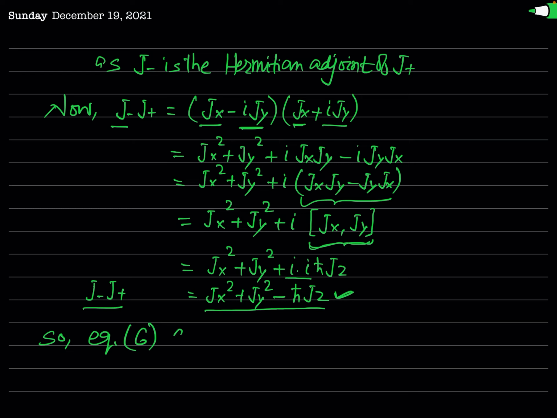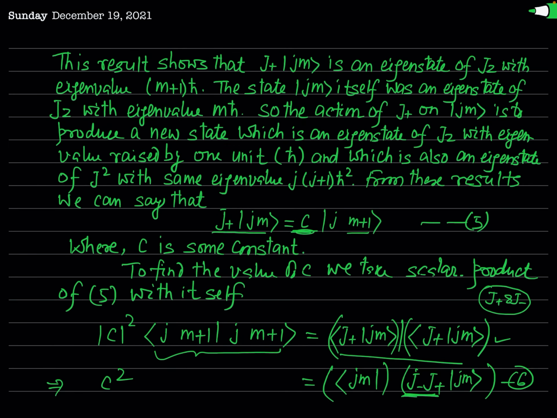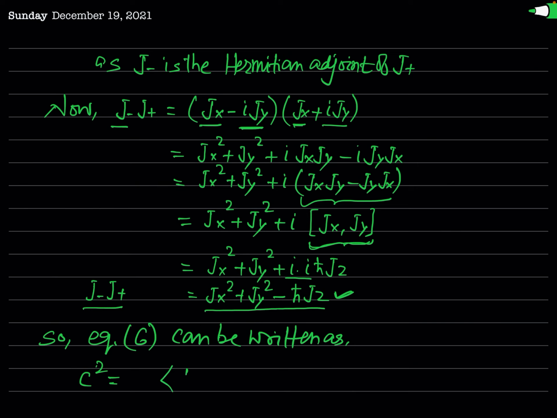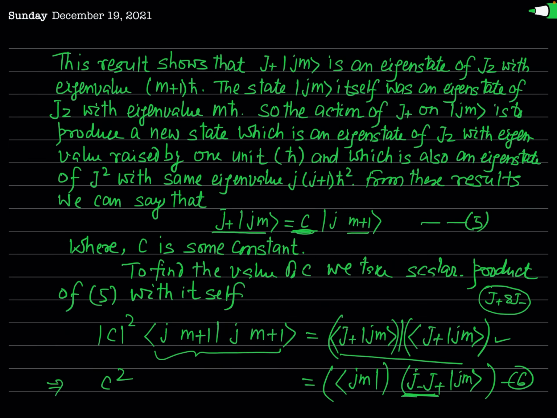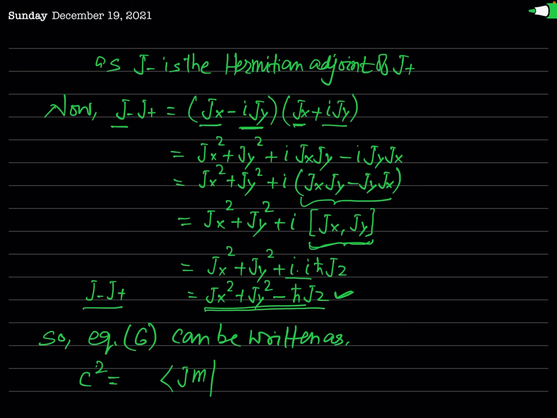Equation 6 can be written as C square equal to bra J m, and in place of J minus J plus we write Jx square plus Jy square minus h bar Jz, ket J m.